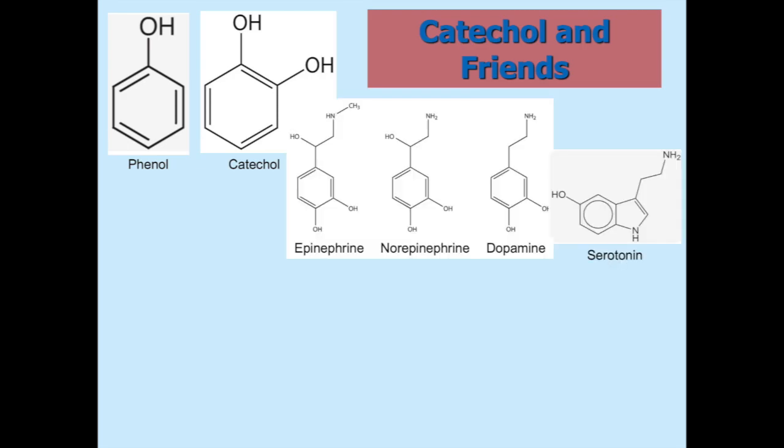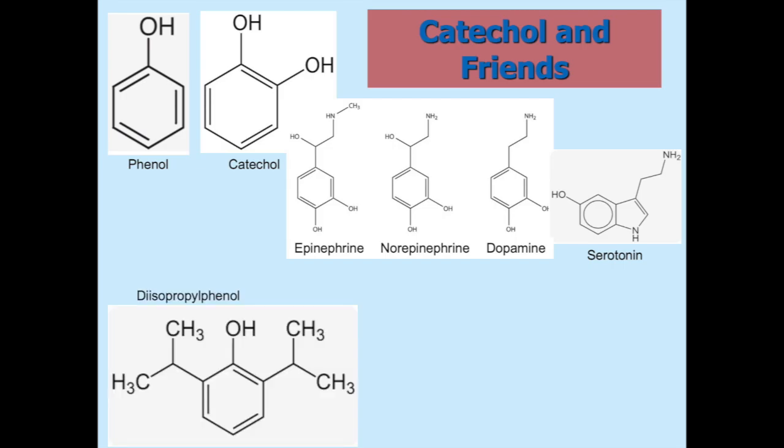So you can see with this what the molecules of epinephrine, norepinephrine, dopamine, and serotonin are. They're all catecholamines. They're going to have that amino group, the NH2 group on them, to make that catechol with an amine. So they're totally related to that. And just to show you with phenol, one of the only molecules that I know in anesthesia that I've got memorized is diisopropyl.